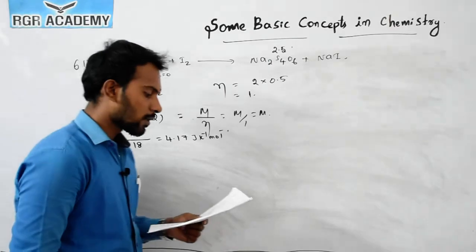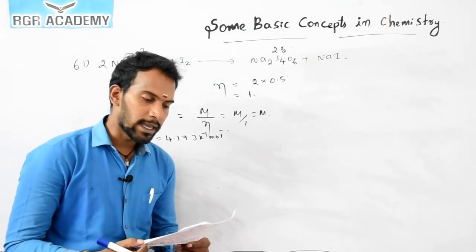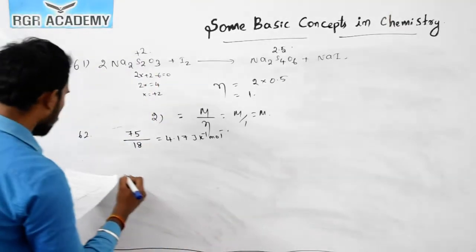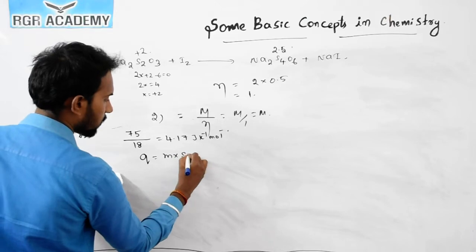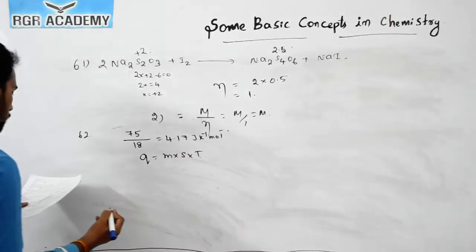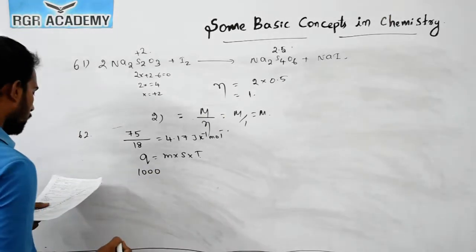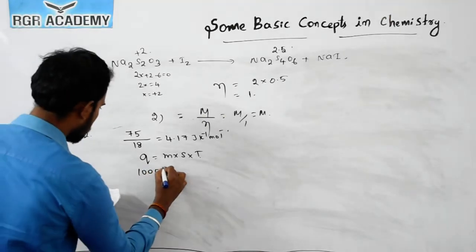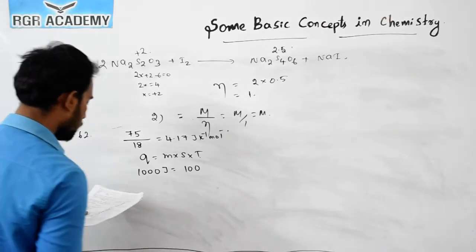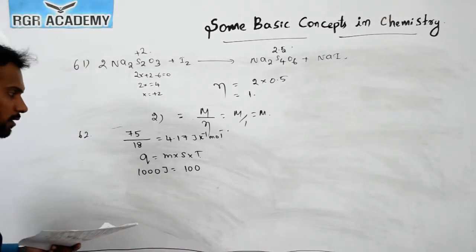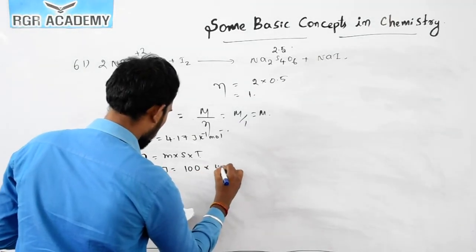Now here they are asking for the temperature change. So what is the formula? Q is equal to M into S into T. So Q is equal to 1000, as 1 kilojoule means 1000 joules. The value of M is 100, the weight of the water. And S is equal to 4.17.